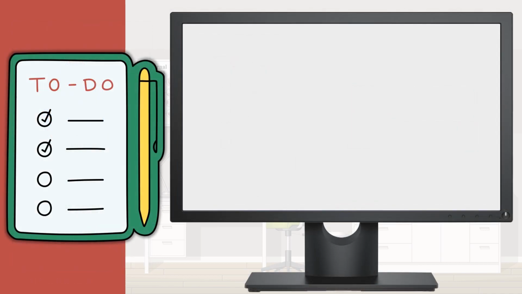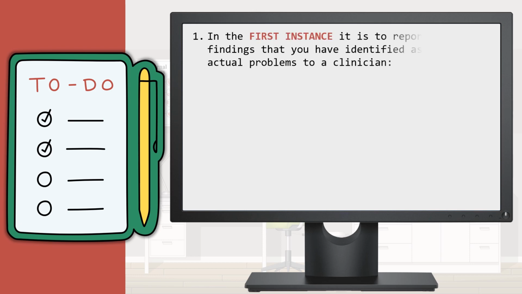As we get towards the end of our follow-up review, like all of the other modules that we've been doing, in the first instance we have to report any findings that you have identified as being an actual problem. I've generated a list of these. The first one is HbA1c is still not to target.